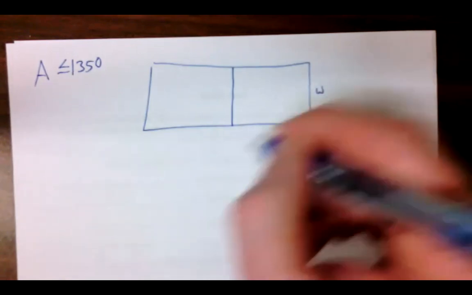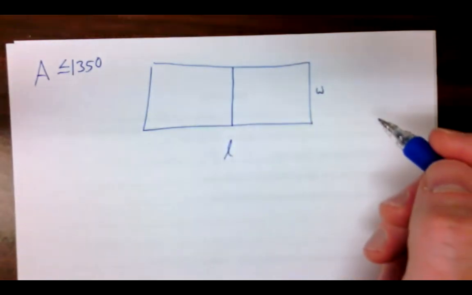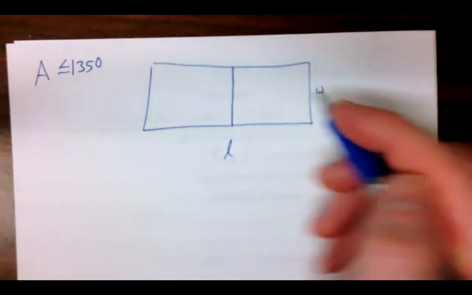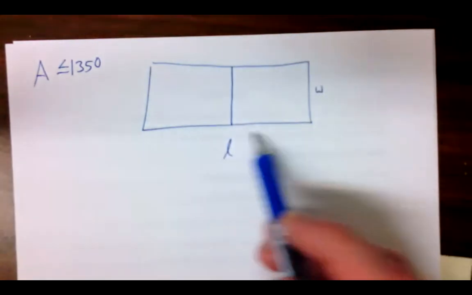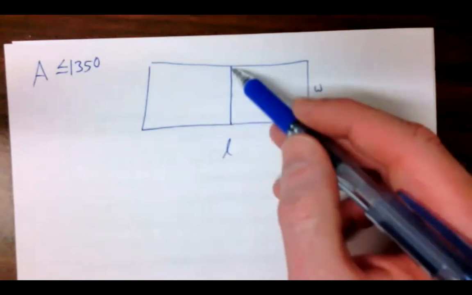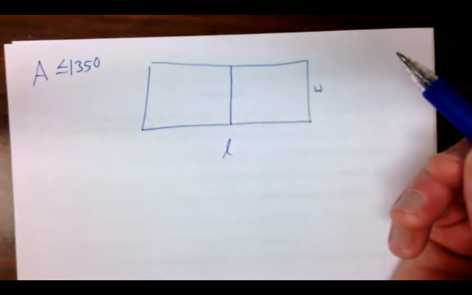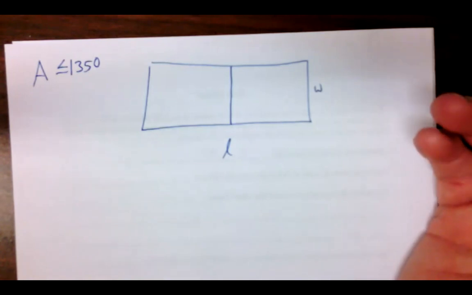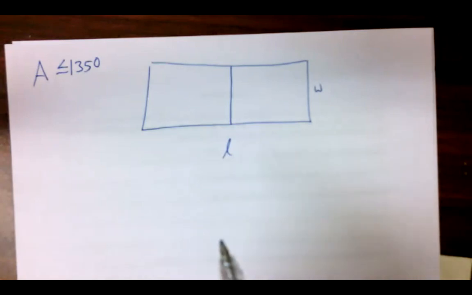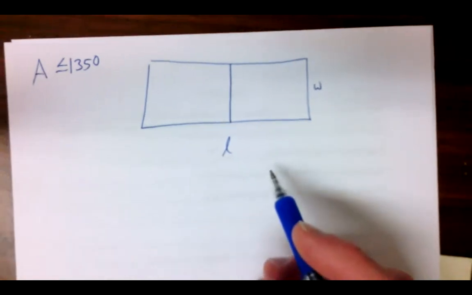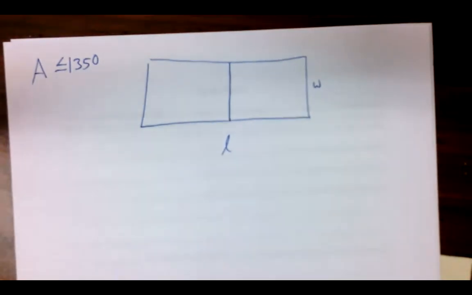So if this is width and this is length, I'm assuming the 180 meters of fencing is the perimeter, and then it's plus this bad boy. Is that a fair assumption? Yeah, that's what I did. Okay. Their diagram is way too confusing. Yeah, it's not ideal.